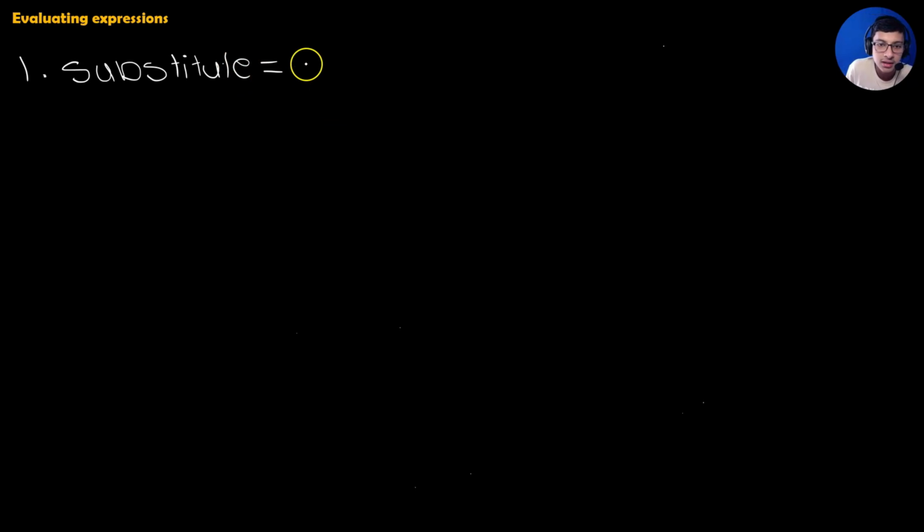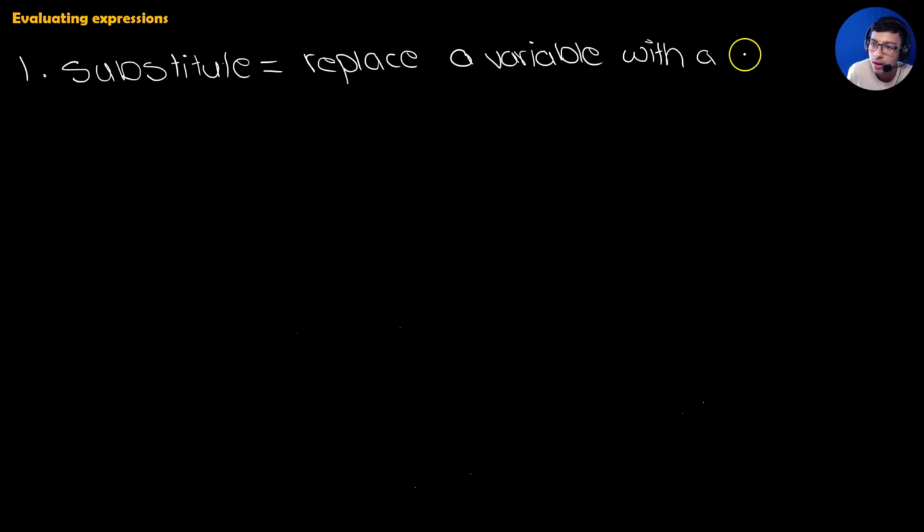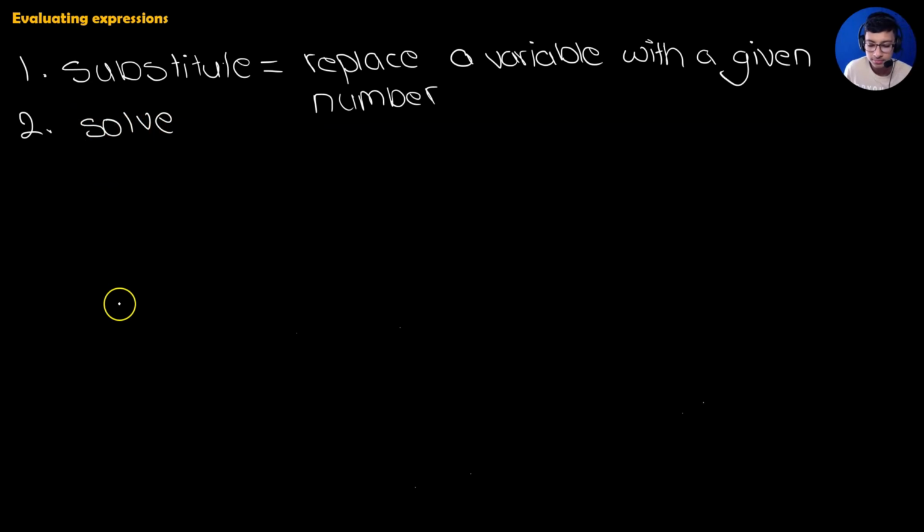It means to replace a variable with a given number. And after we do that, second, we just simply solve our equation. So let's try it with an example.